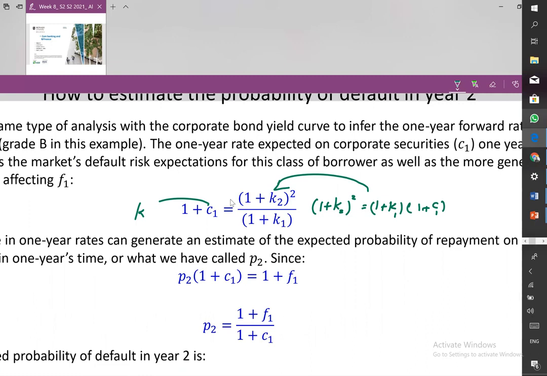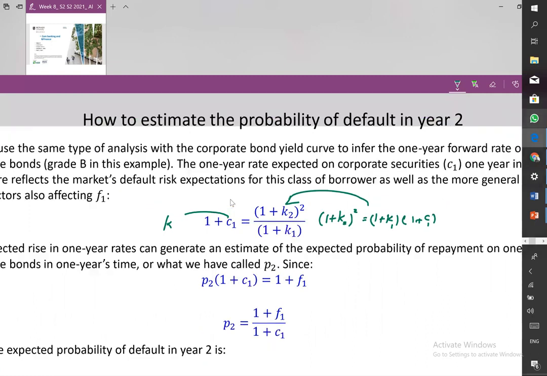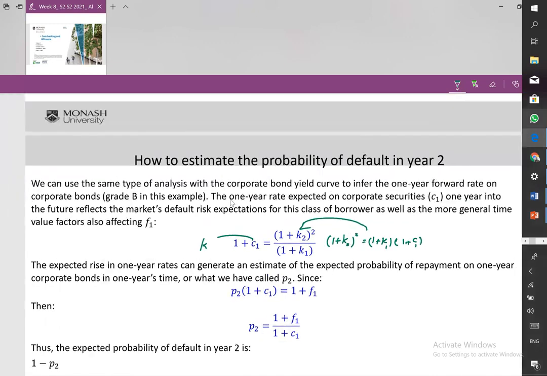I can calculate this for the corporate rate, and I can calculate it for the risk-free rate. And if I know that, then easily I can calculate B2. Because B2 is actually 1 plus the forward rate for the risk-free plus the forward rate for the corporate rate.